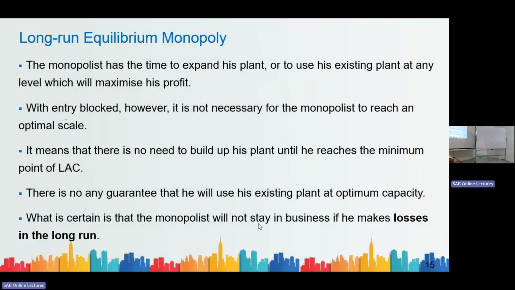The monopolist will earn profits in the long run, and whether to reach the optimum scale or operate before that is totally up to the monopolist.